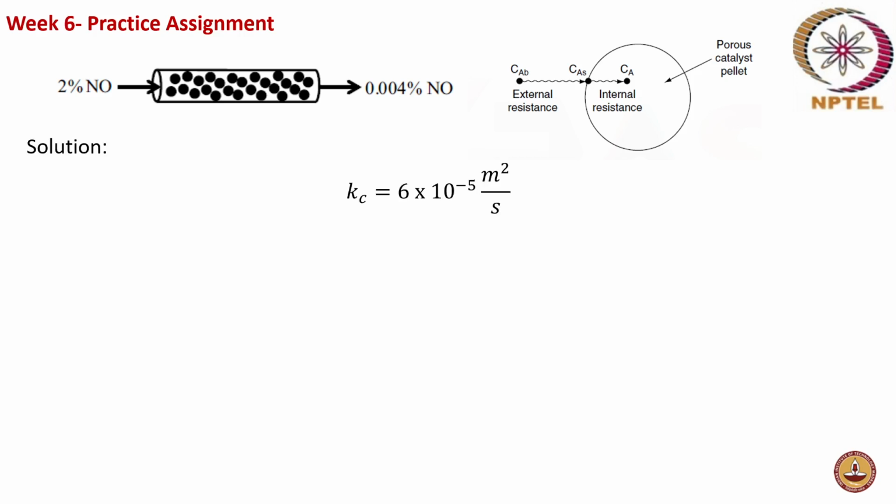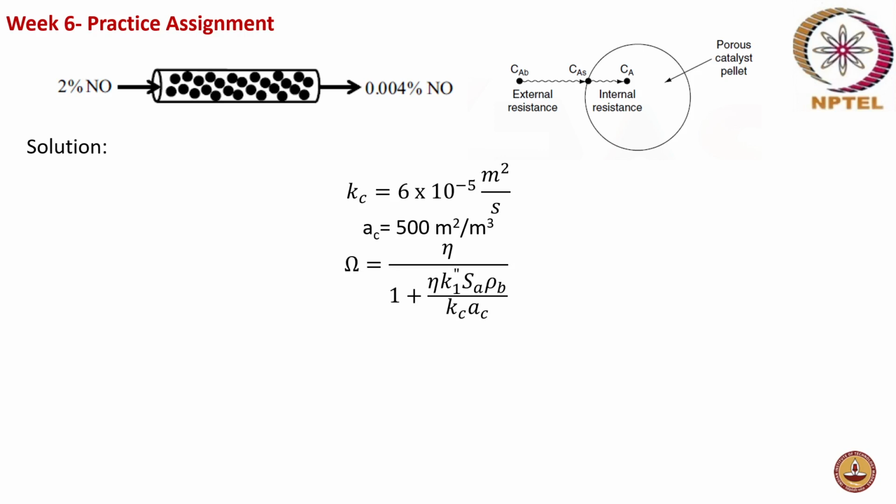So we have the external mass transfer coefficient value, which is Kc is equal to 6 into 10 power minus 5 meter square per second, and then your external surface area per unit volume of the reactor, which is equal to 500 meter square per meter cube. So now what is the overall effectiveness factor?